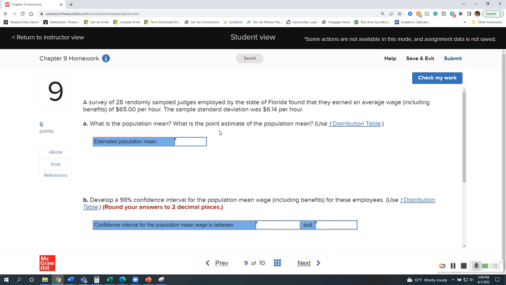So what does the population mean? Okay. So again, for this one, our population mean... oh dang, all of a sudden my mind just went blank again.